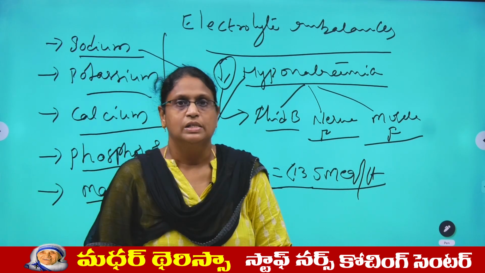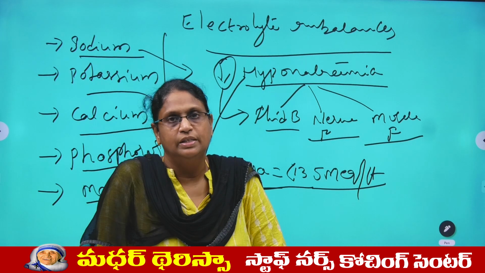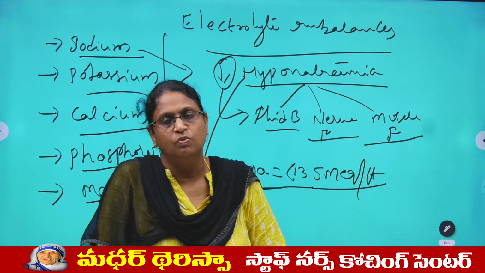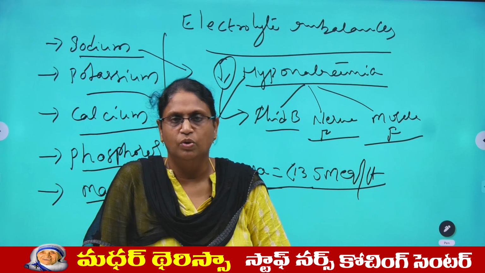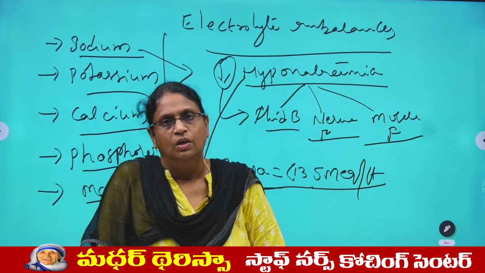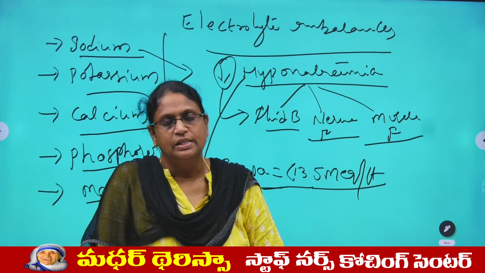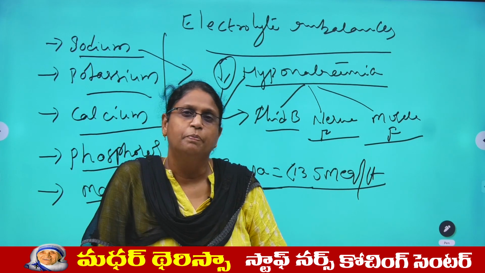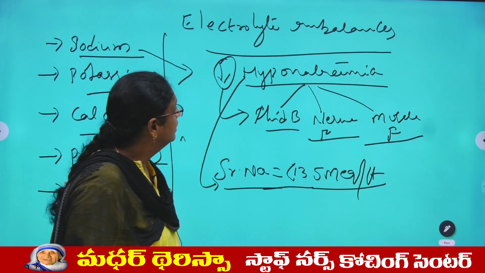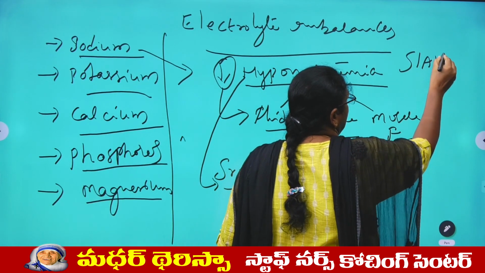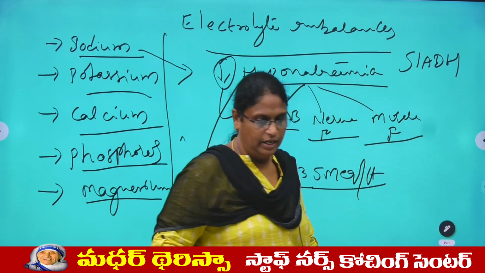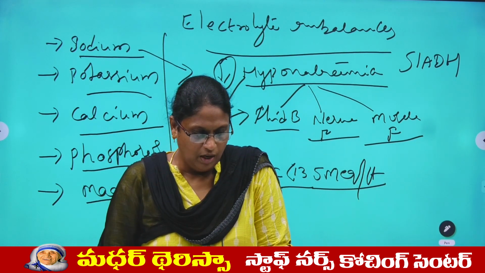Now, what are the causes? What causes hyponatremia? Generally in human physiology, the first reason is increased water intake. If a person takes an excessive amount of water, there is a chance of getting hyponatremia. There is a syndrome called syndrome of inappropriate antidiuretic hormone, SIADH.